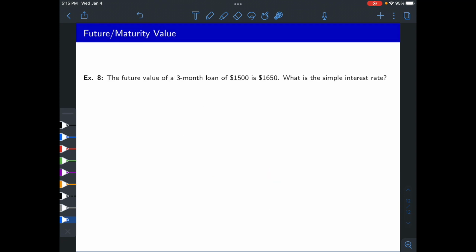All right, this will be the last thing we do here. Let's reverse it, where we are told what our future value is, and we want to figure out what the simple interest rate is. So the future value of a 3-month loan of $1,500 is $1,650. What is the simple interest rate?